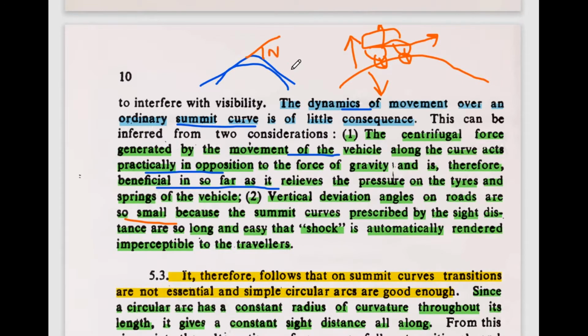We have already seen in the earlier video what the angle of deviation is. This angle of deviation is generally kept small, and since the angle of deviation is kept small for summit curves, the curve will be long and easy. The longer the curve, the more comfortable it is for a traveler to ride over that curve. So these were the 2 points that this paragraph says.